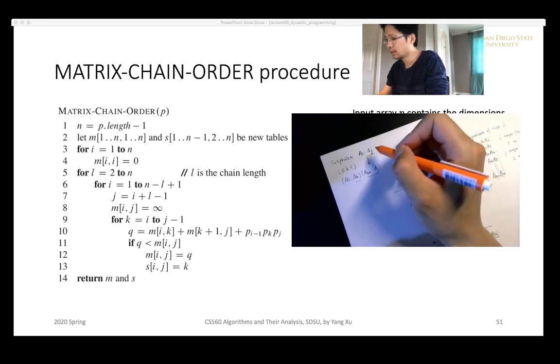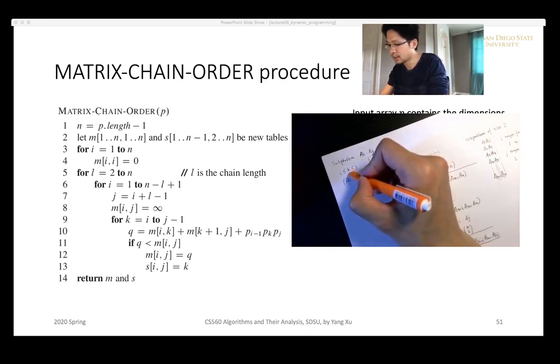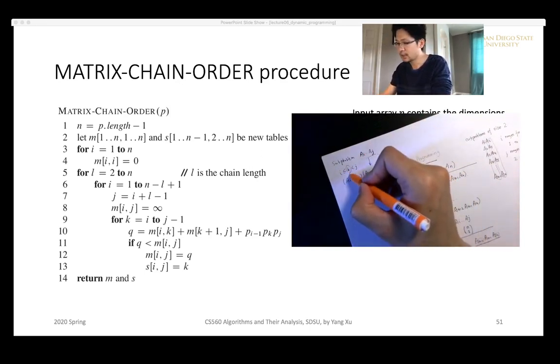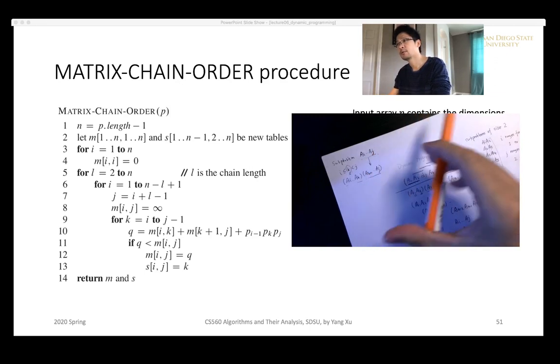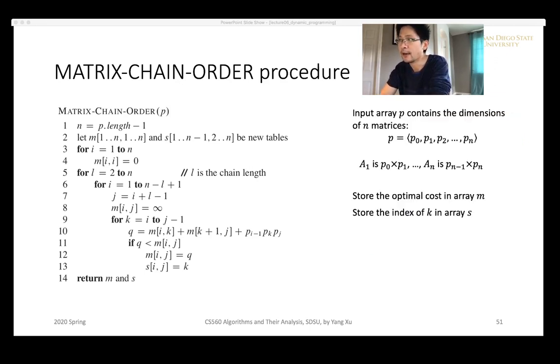So we not only need the total cost, but also the K. The split index K will be stored in the S matrices, and the cost will be stored in the M matrices. So that's why we need two 2D arrays.